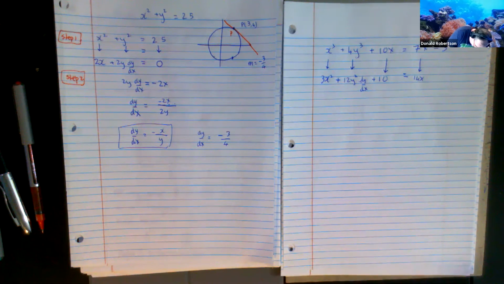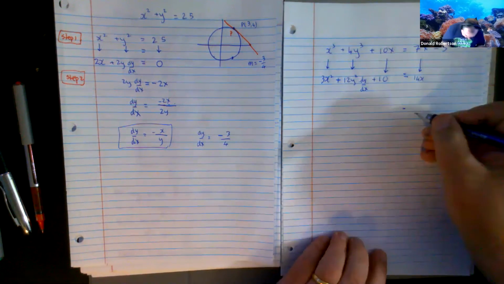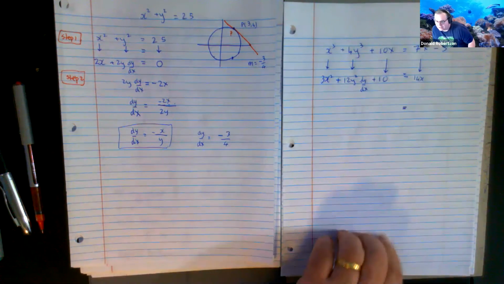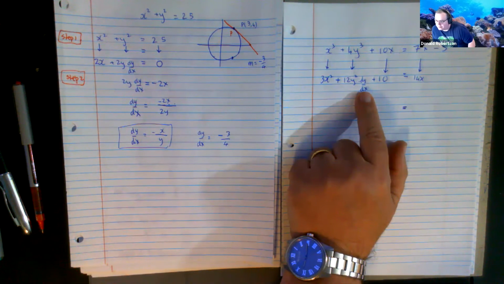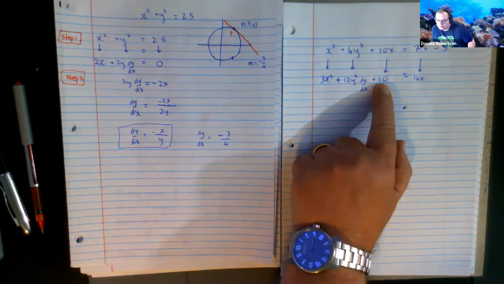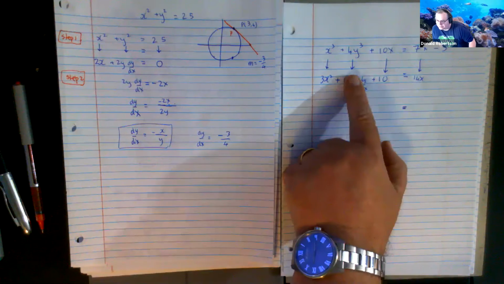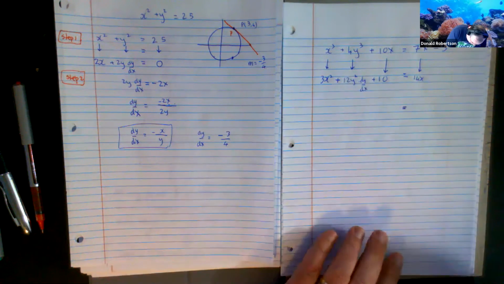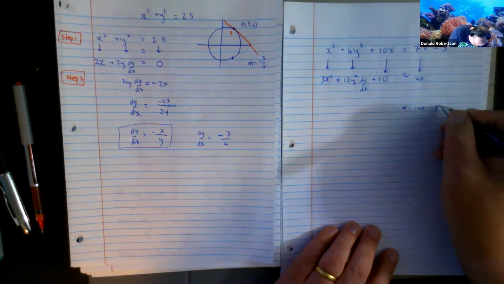Now, my next goal is to eventually get dy by dx on its own. But that very rarely is a one-line deal. Depends on how ugly the thing is. My first strategy would be to subtract 10 from both sides and subtract 3x squared from both sides. Does that make sense? Just to get rid of these so that this guy is left.